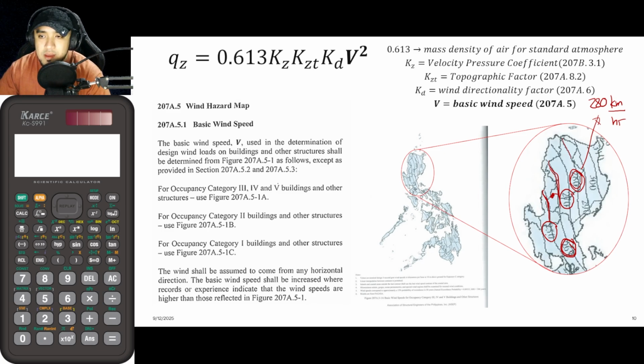So meaning that if, let's say, your project is located exactly at the middle of the lines for 250 and 260, the basic wind speed that you will be using is 255 kilometers per hour. Or if you want a rather conservative approach, what you would be doing is to choose the larger value between the two lines.